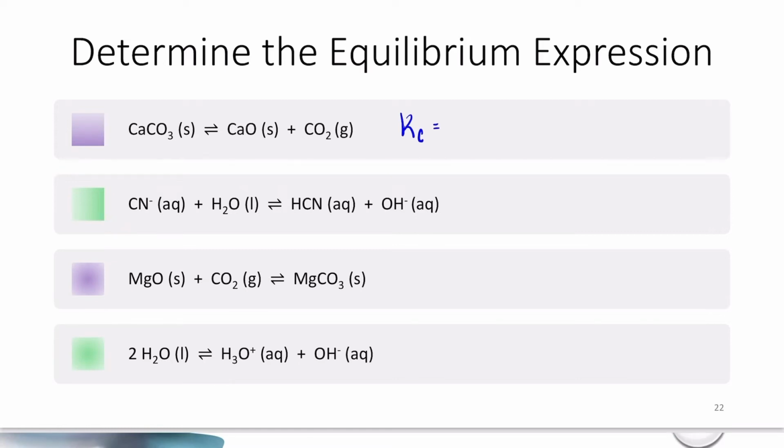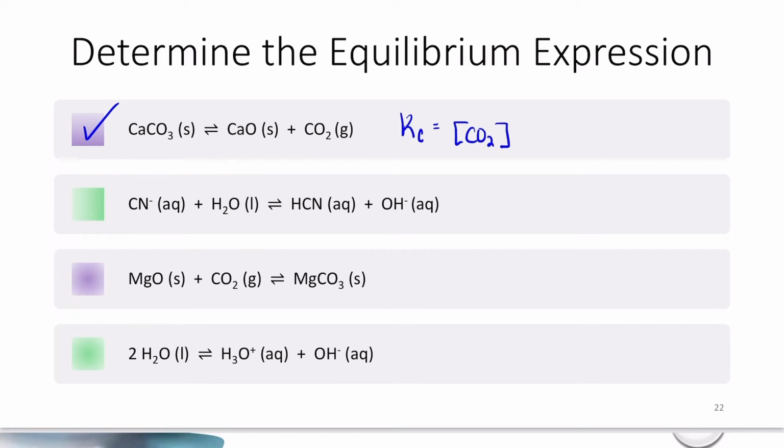I'm ignoring solids because the amount I have stays constant, as it's an intensive property, and I'm ignoring liquids. Concentration of CO2, and then I see that calcium carbonate and calcium oxide are solid phase, so I'm going to ignore them. The entire K expression for this is the concentration of CO2. The equilibrium is only dependent upon the concentration of CO2.